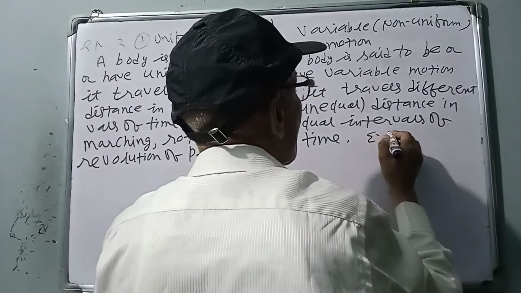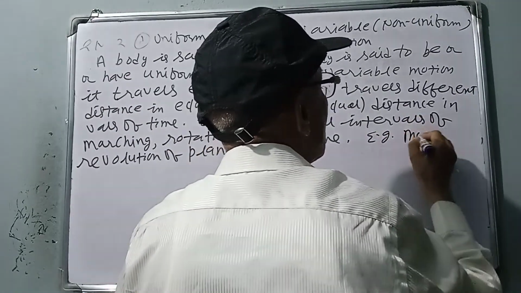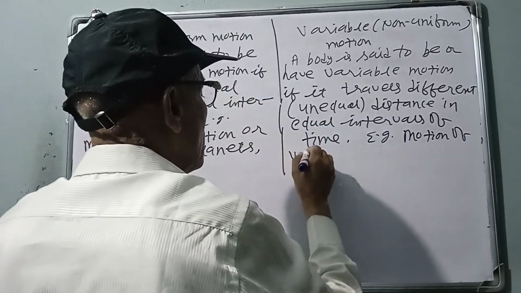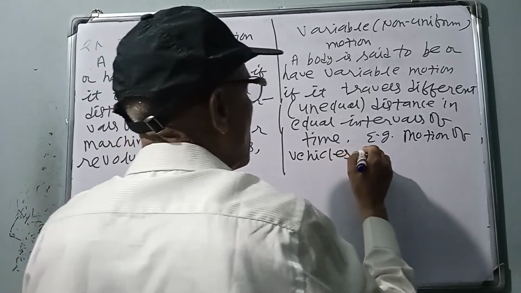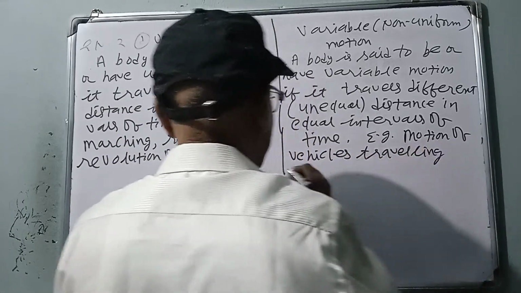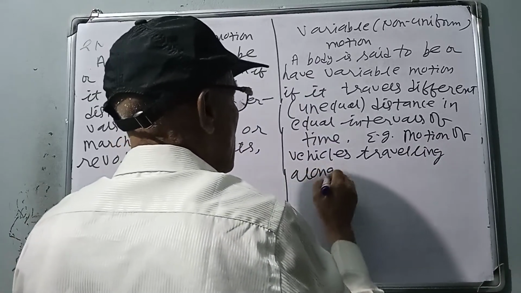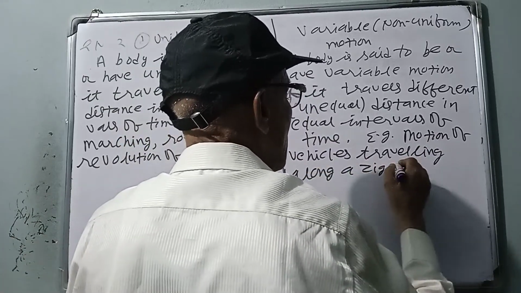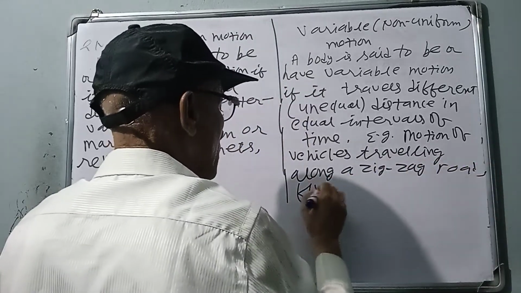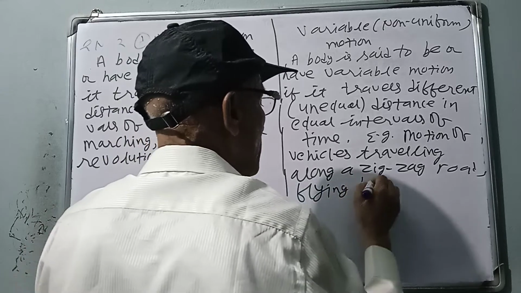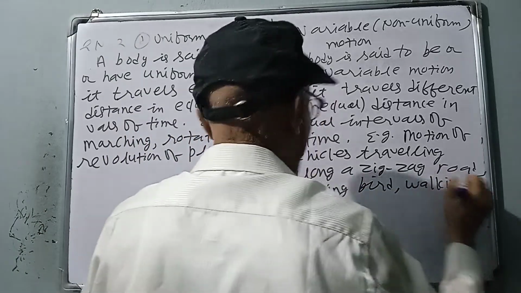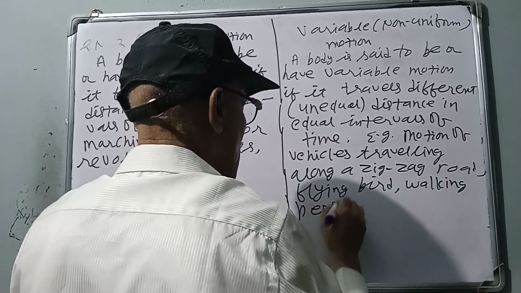Example, motion of vehicles traveling along a zigzag road, flying bird, walking person.